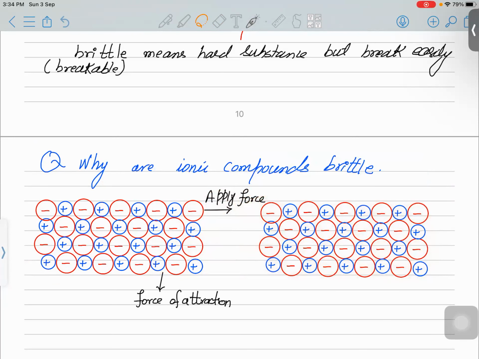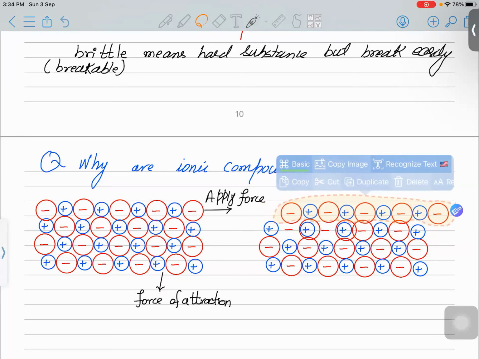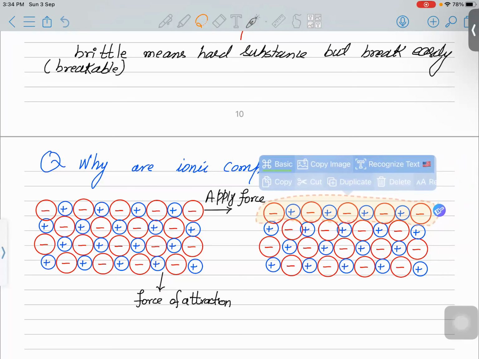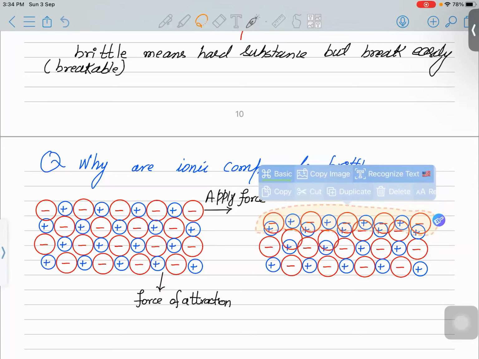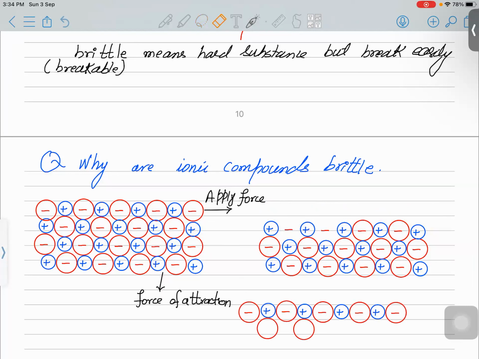So when you drag the layer, this layer moves.